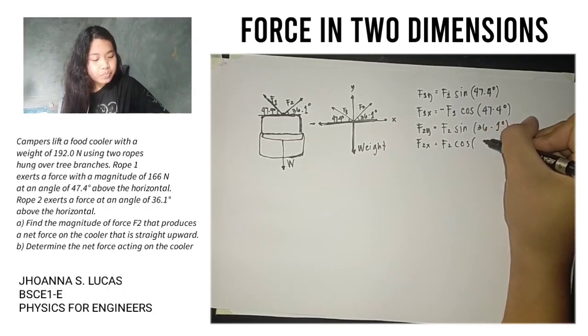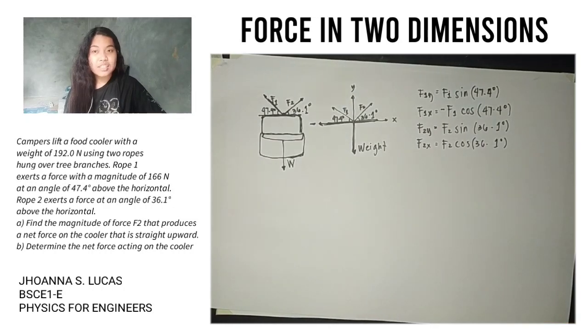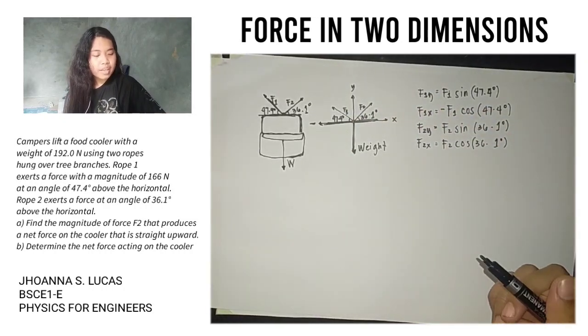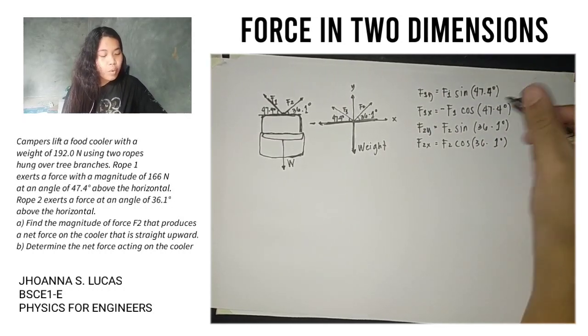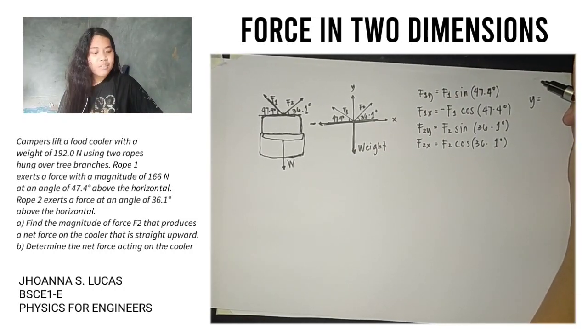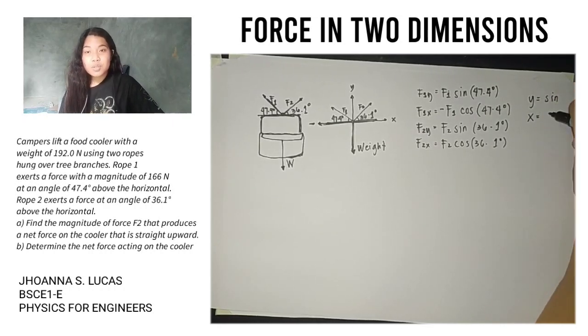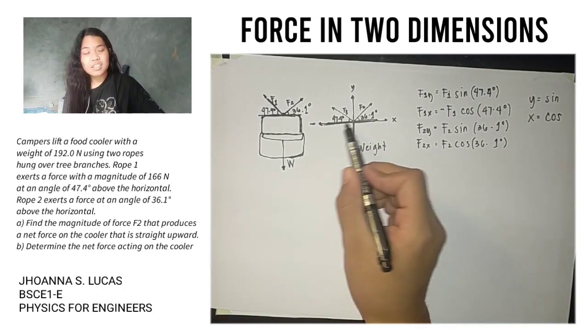We have sine and cosine because of the axis, or the position. Since F sub 1y and F sub 2y are at the y-axis, the trigonometric function we use is sine. And since F sub 1x and F sub 2x are cosine, it is because the position of our force here is at the x-axis.